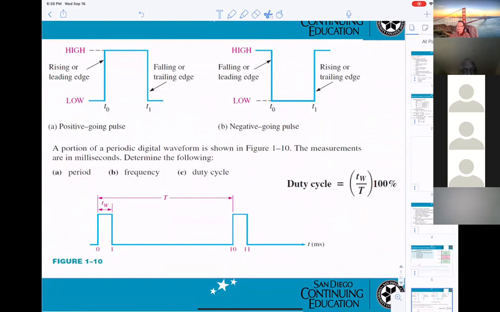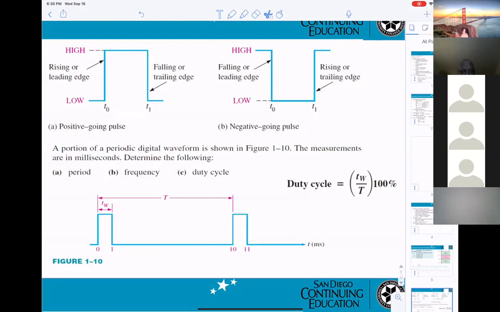And the opposite is normally high, goes low for a short time, then goes back high. That is a negative-going pulse.